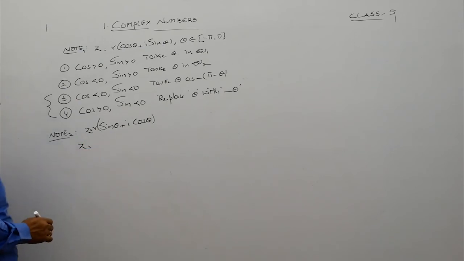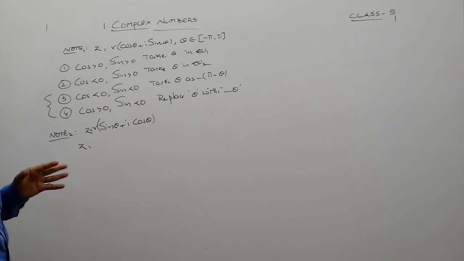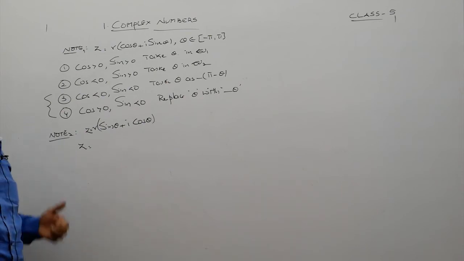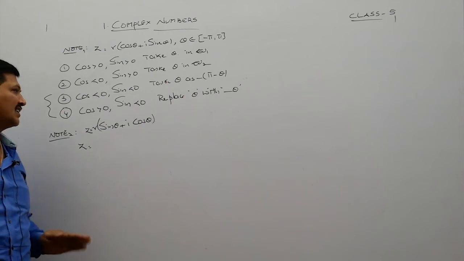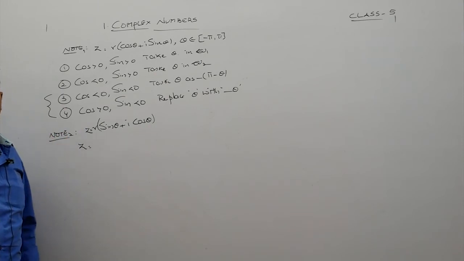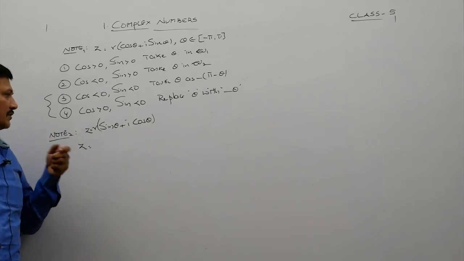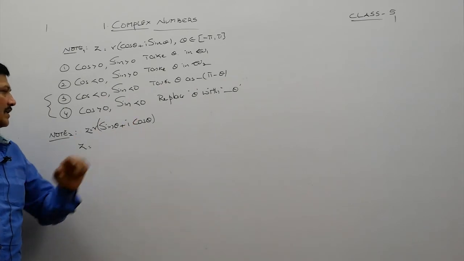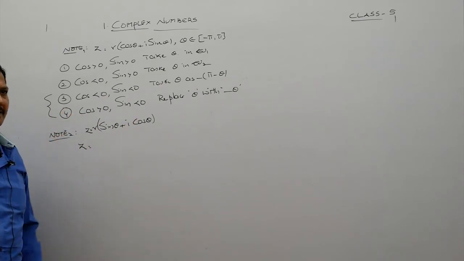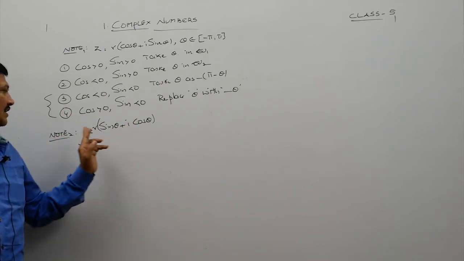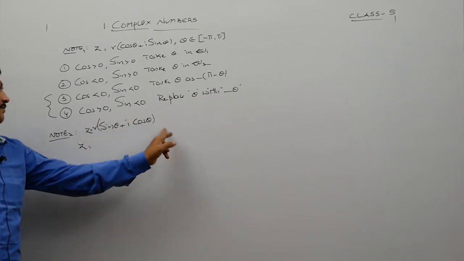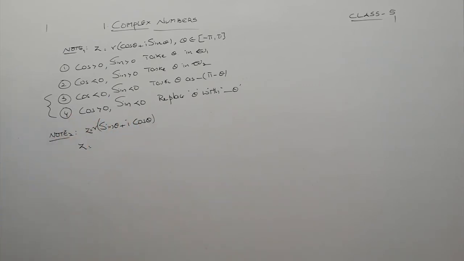And most importantly, every student must understand that polar form is always of the form cos theta plus i sine theta, that is equal to cis theta. So real part is associated with cos and imaginary part is associated with sine. But you observe here, this is not in standard form. This is of the form z is equal to r into sine theta plus i cos theta.